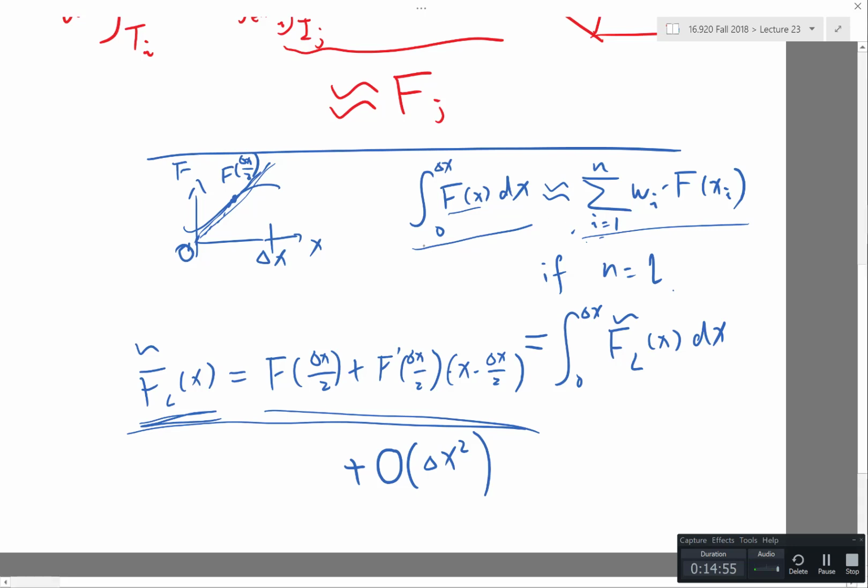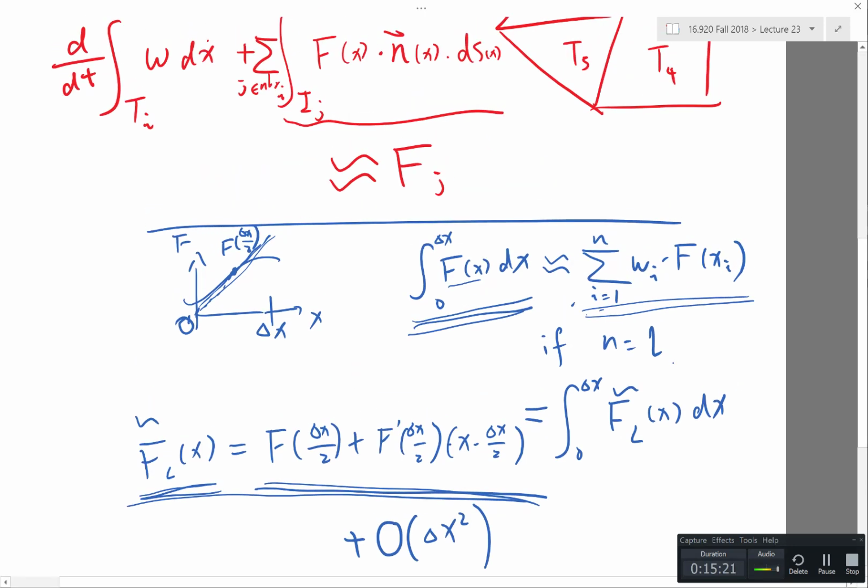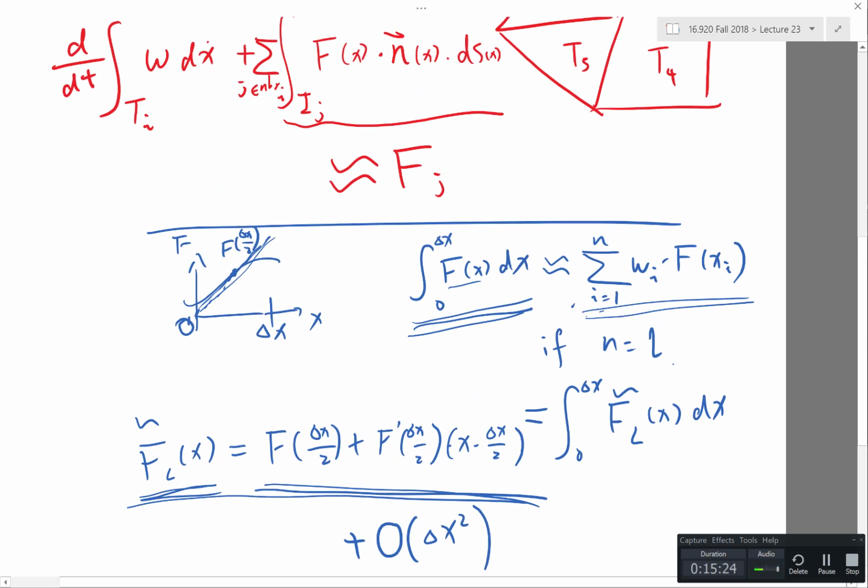In other words, the difference between the original integral and the Gauss quadrature scheme is exactly equal to the difference between the original integral and the integral of this second order approximation of the original function. So that's why you only need a single point to achieve second order in finite volume. This makes a second order finite volume scheme even in arbitrary multi-dimensions, 2 dimensions, 3 dimensions, exactly the same as a 1-dimensional finite volume scheme.